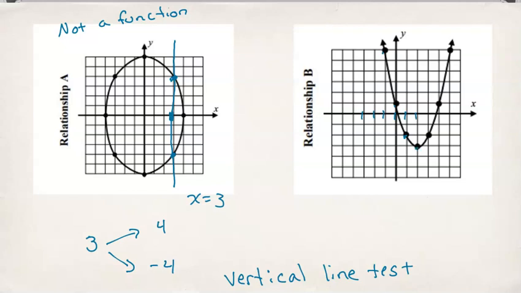The other way we could say that is it passes the vertical line test. No matter where I draw a vertical line on relationship B, it's only going to hit one point on my graph. So we say that relationship B is a function. Yay, we're happy about that. Functions behave. We like when things behave.